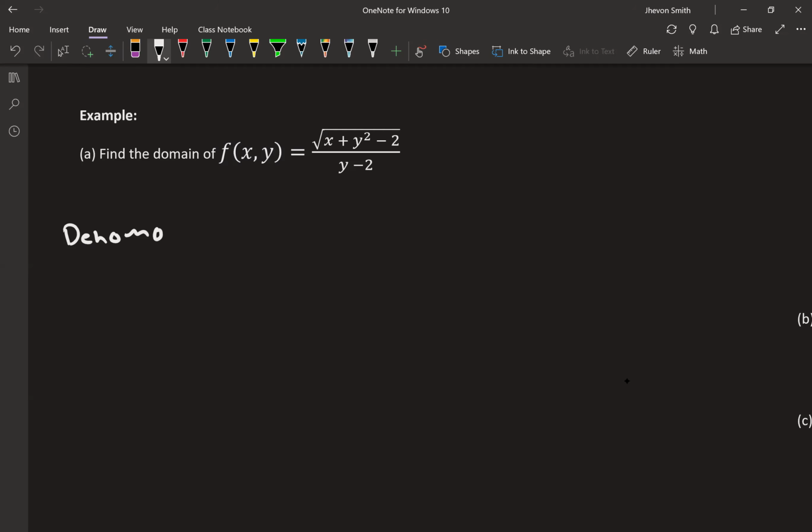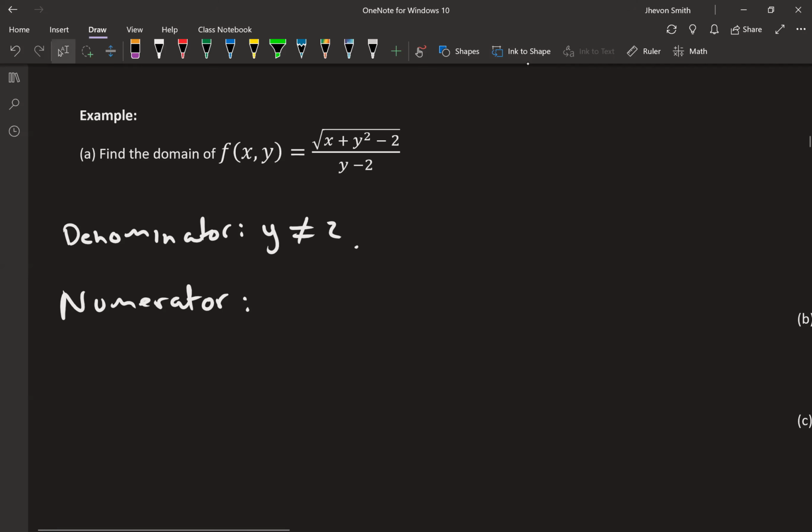So first there's the denominator. For the denominator, we know that y cannot be equal to 2. Now, what's the requirement on the numerator? X has to be greater than or equal to 2?